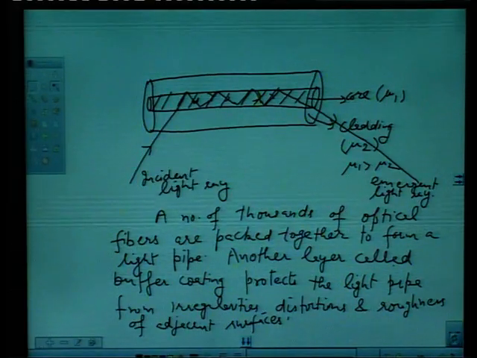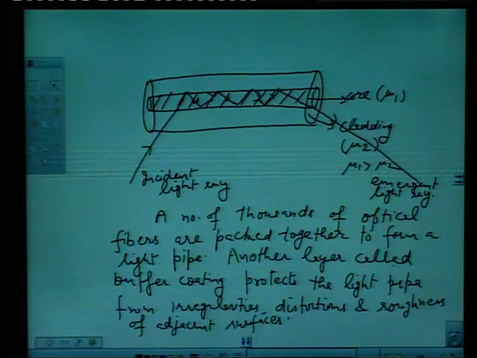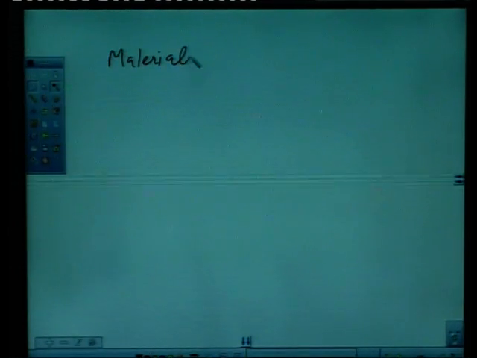Now, we will understand what are the materials used for the construction of optical fibers.